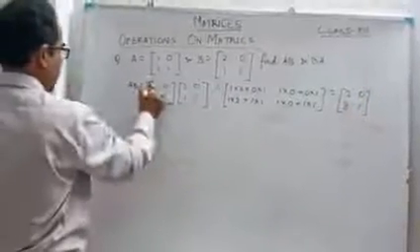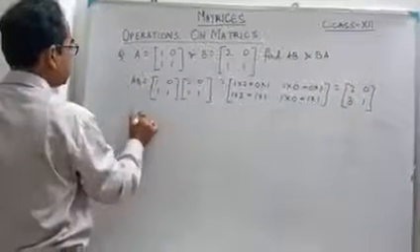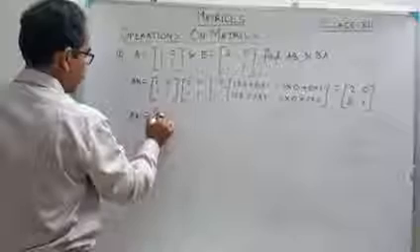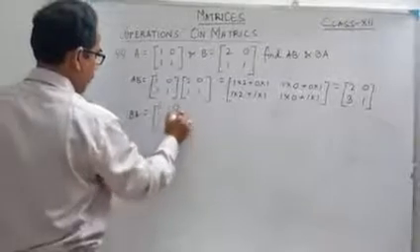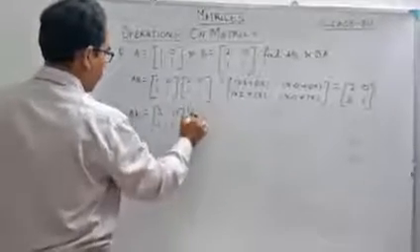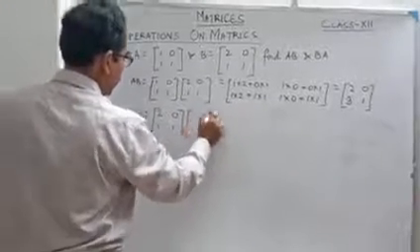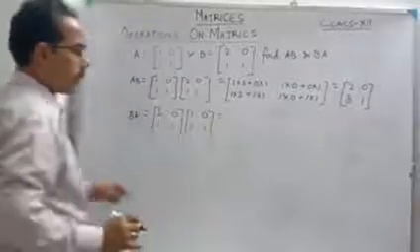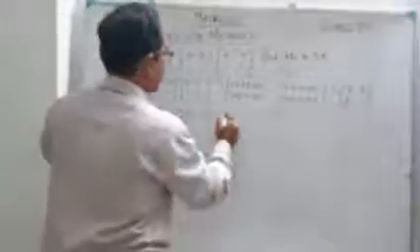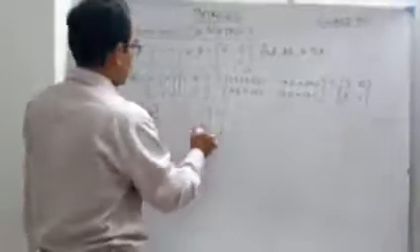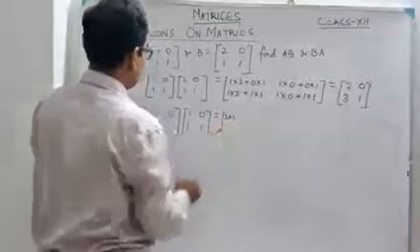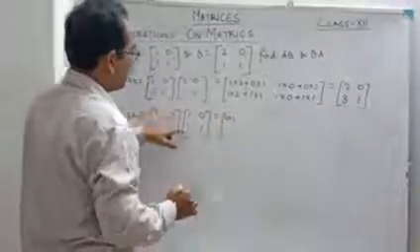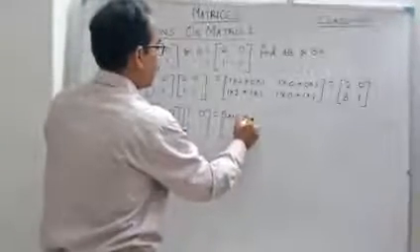Now next take BA. That means first of all [2 0; 1 1] and [1 0; 1 1]. Again go with the same operations. First row, first column, that means 2 into 1 plus 0 into 1.